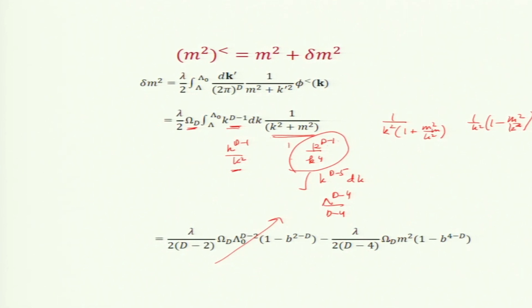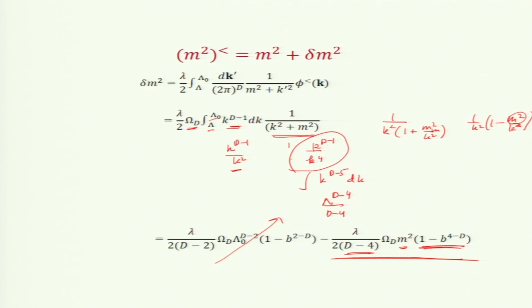Lambda to the d minus 4 will become 1 because d is near 4, and I get d minus 4, with m squared coming from here, and this is the term coming from lambda naught minus lambda, the lower limit and upper limit. So, this is lambda naught to the power 4 minus d or d minus 4, and lambda to the power d minus 4. So, this is my correction.